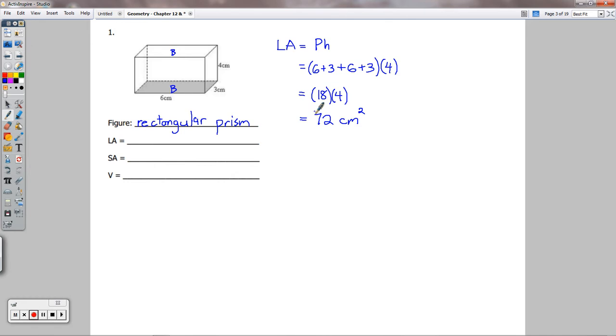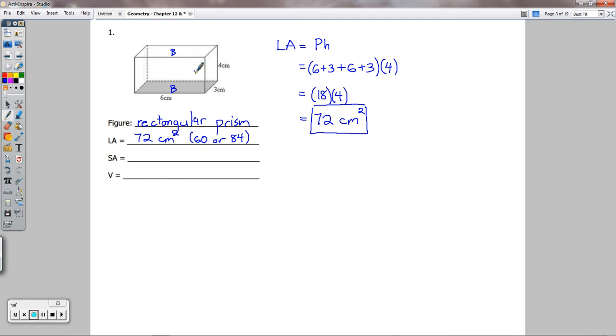But it's 72 centimeters squared if you do the lateral area considering the top and the bottom as the bases. So again, 72 centimeters squared, and 60 or 84 are also possible answers depending on what you pick for the base.